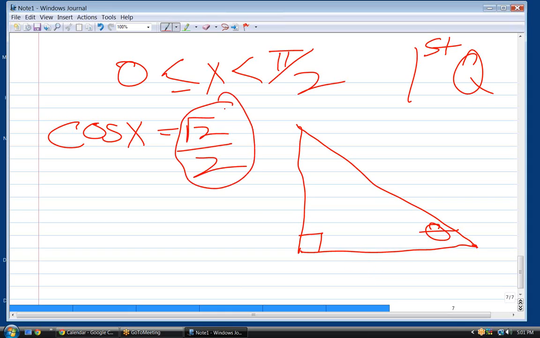Just substitute numbers. So that's square root of 2, and that's 2. And then what's this side over here? Square root of 2 plus x equals 2. Wouldn't it be 2?